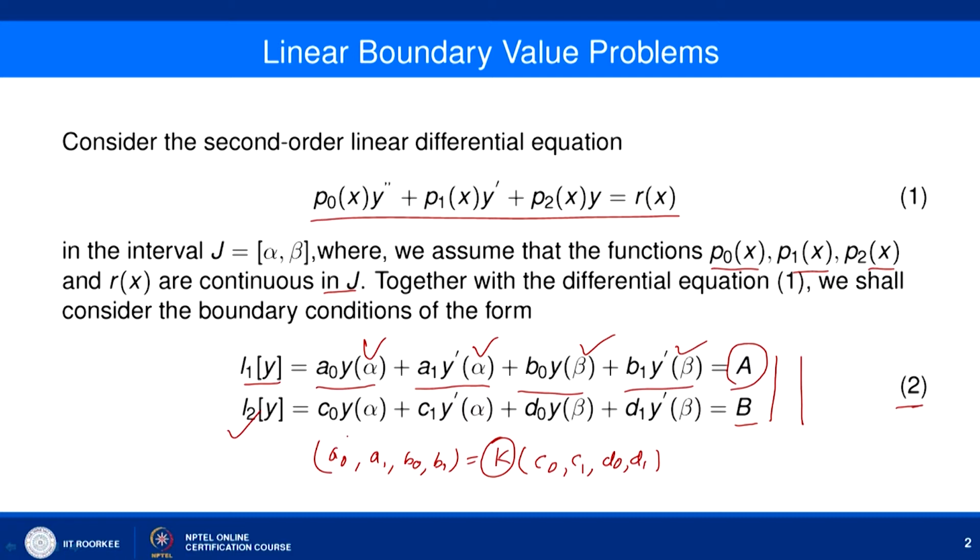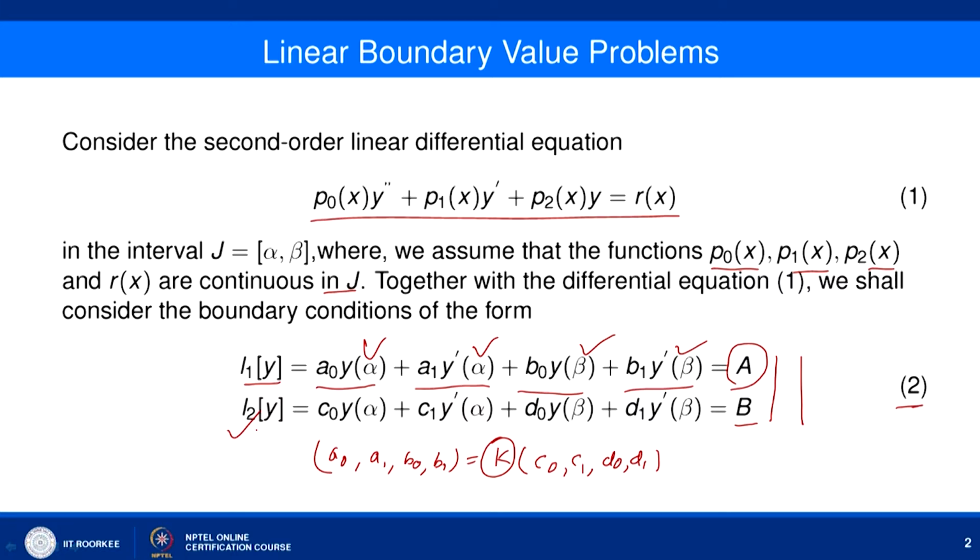We call them boundary conditions rather than initial conditions, because they are defined at two different points, in fact at the endpoints of the interval. So, we call them boundary conditions or 2-point boundary conditions. It may happen that we define conditions in terms of more points, but right now it is a 2-point boundary value problem.